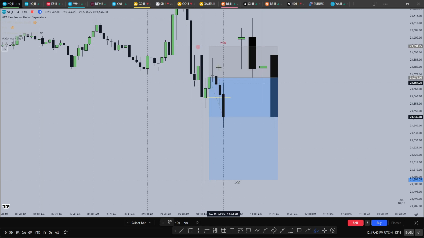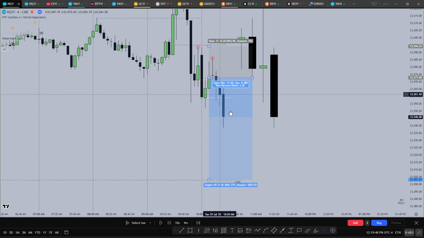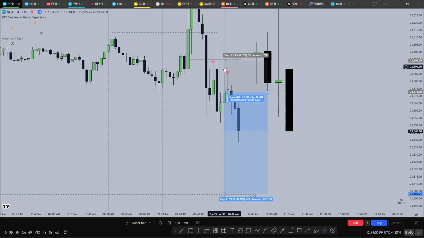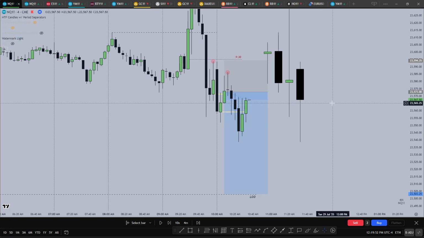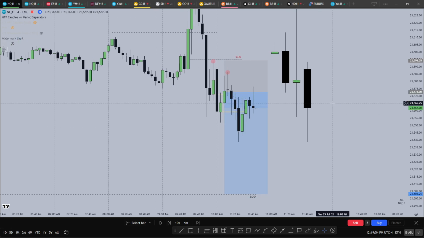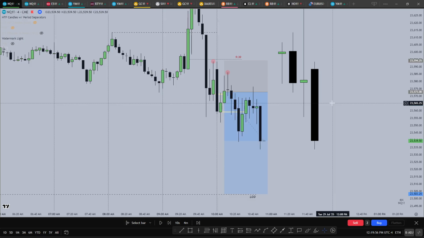So then I trail my stop to there. I don't want to add to my position because I was already in YM's short, so I am just trailing there, then just waiting, then it comes back again, displacing through and forming another series of opposing candles and clean closure, then simply trailing here, and I took a partial around here.